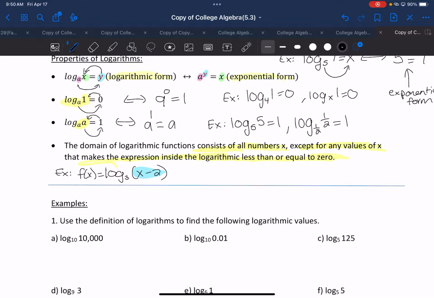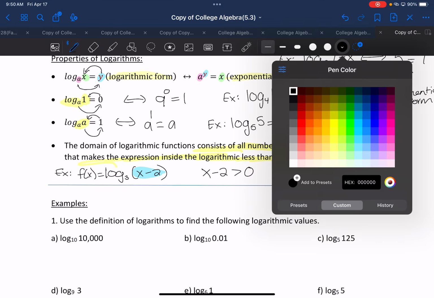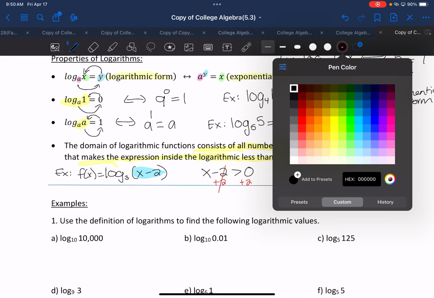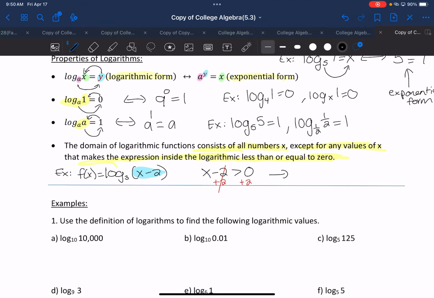So to find the domain of this, I would need to set x minus 2 greater than 0 and solve for x. So I would add 2 to both sides of that inequality. So x would have to be greater than 2.